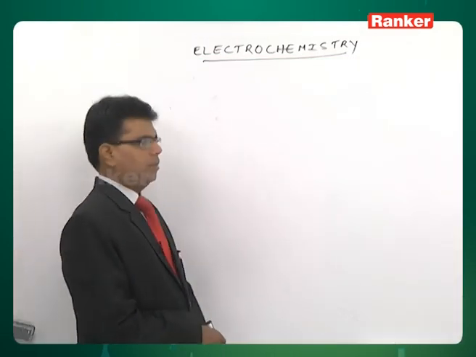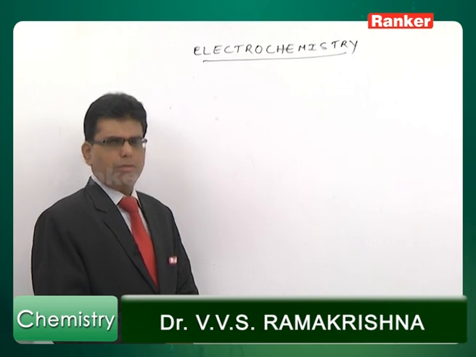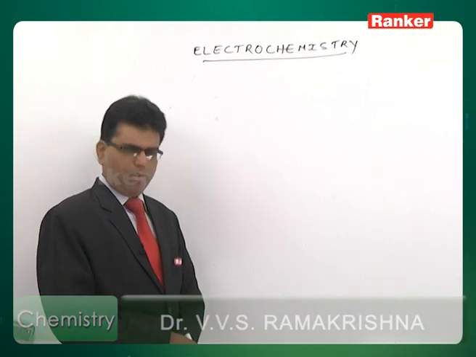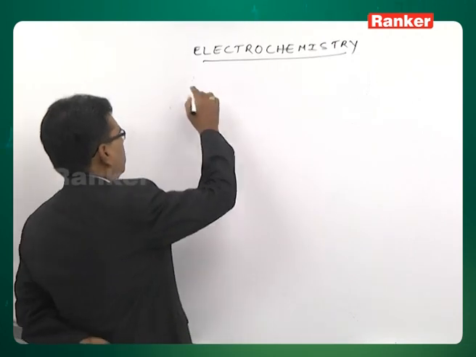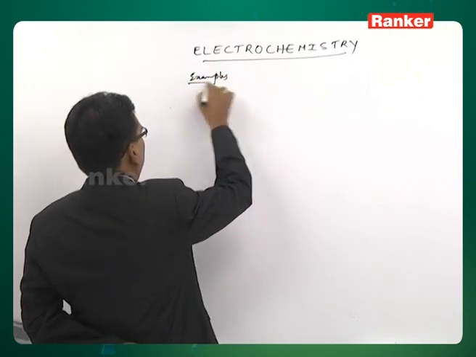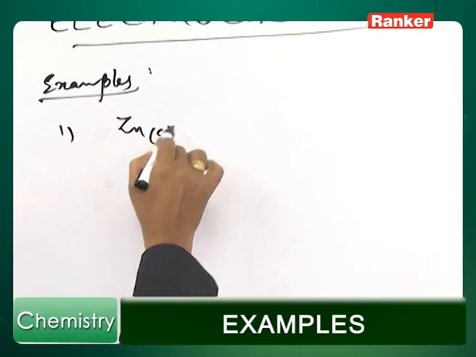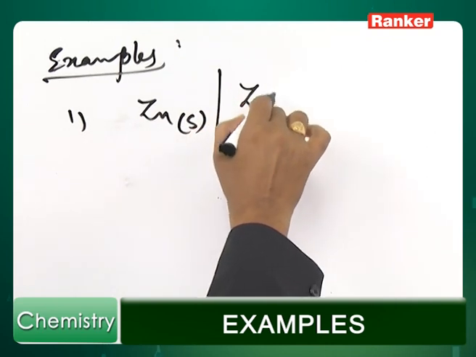Now, let us see the different combinations of elements that we use in the construction of galvanic cells. The one example is the first one, what we use is the zinc copper couple, that will be represented like this.